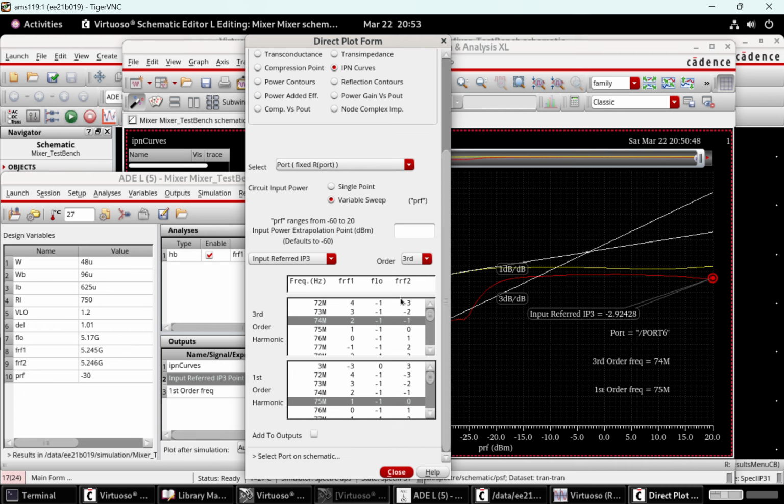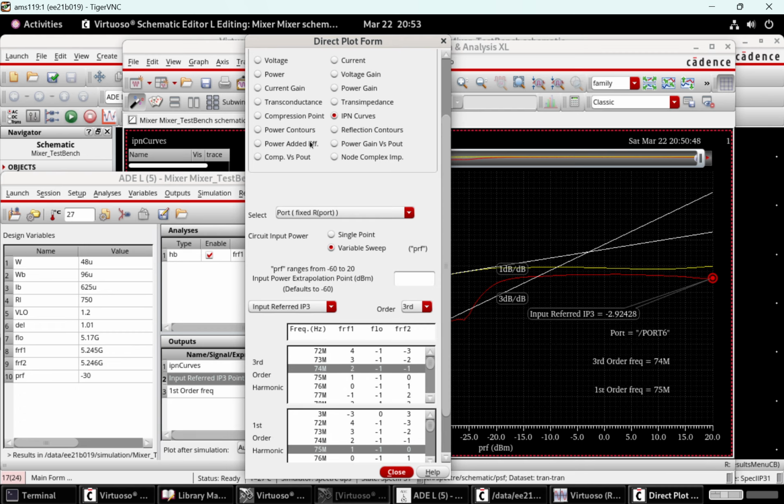And similarly for IIP2 as well, you need to change this to second order, and you need to pick, as I was telling, 1 times FRF1 and 1 times FRF2.